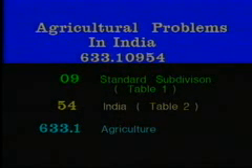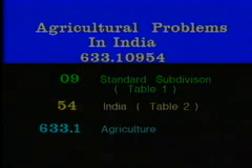In this case, we have taken 09 from Table 1, standard subdivisions, and along with that we have taken 54 from Table 2 and attached it, and it becomes the number 633.10954. That is the number for agricultural problems in India.